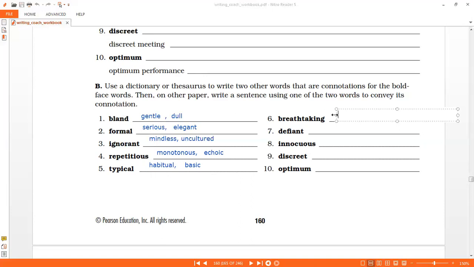Breathtaking is astonishing or super exciting.